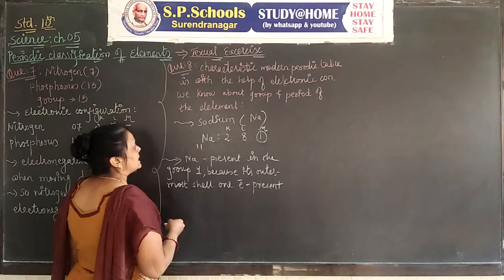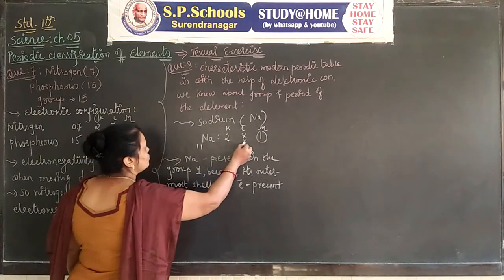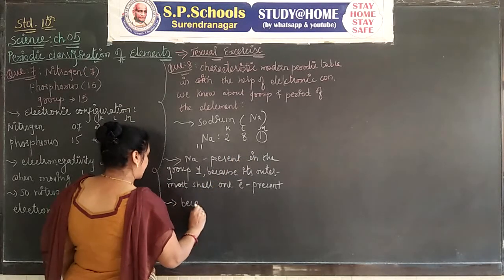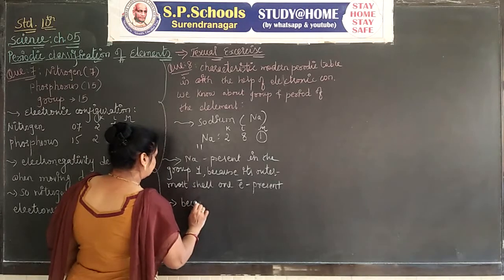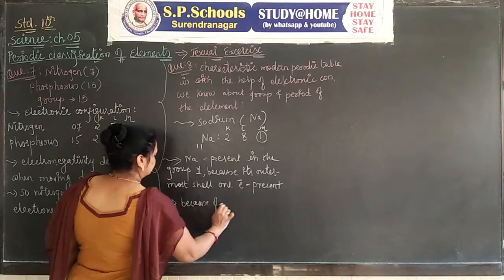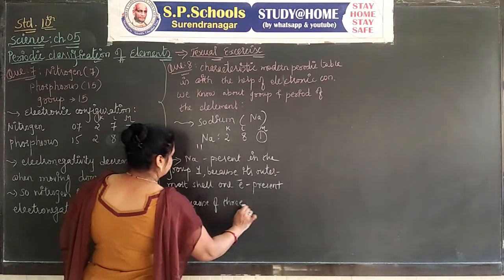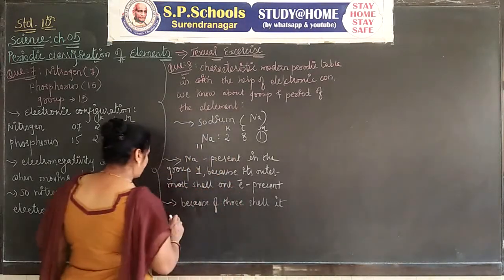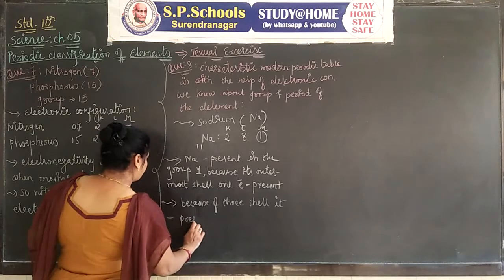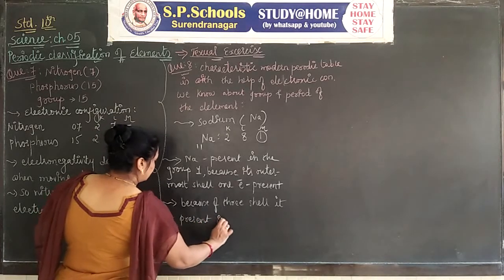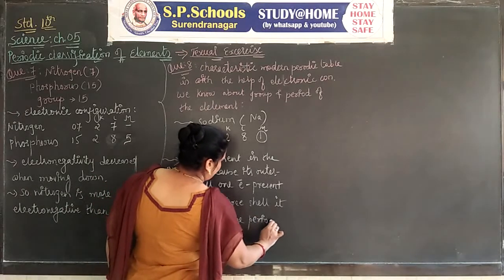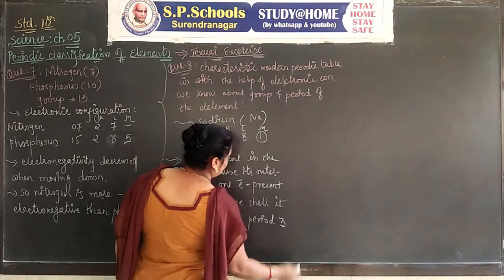See, it has 3 cells, 2, 8, 1. Because of 3 cells, it will be present in period 3.